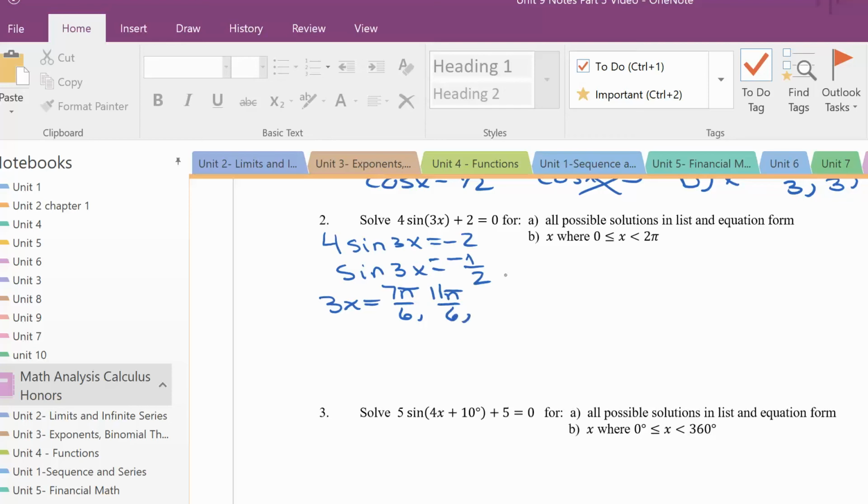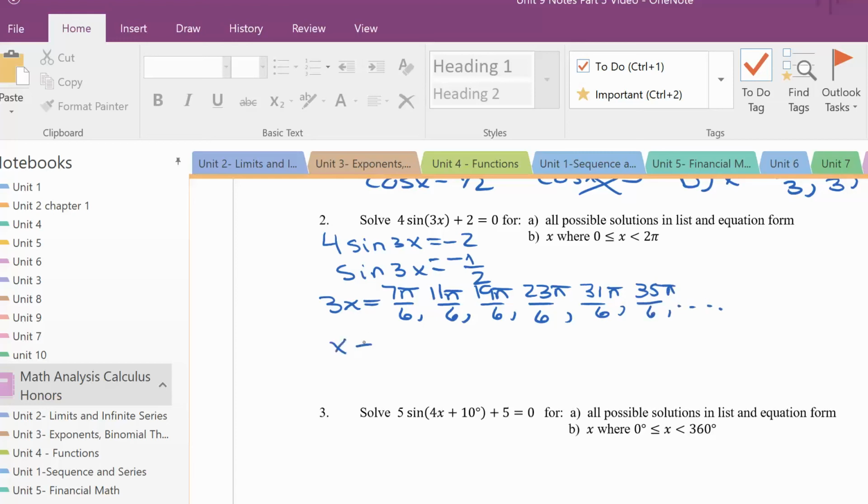You add 2 pi to that, so 12 plus 7 is 19 pi over 6, 23 pi over 6. And you can keep going. You would get 31 pi over 6, and 35 pi over 6, and it would just keep going.